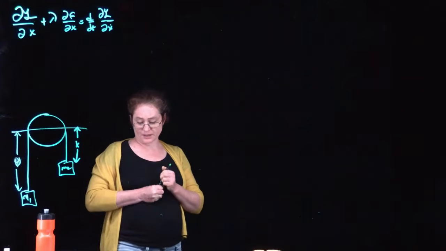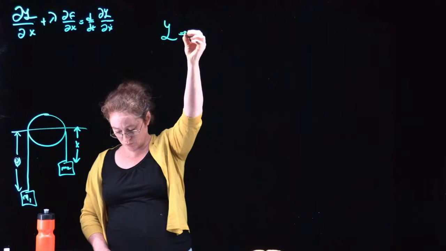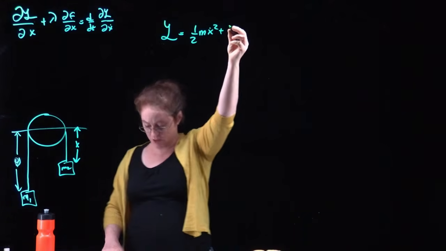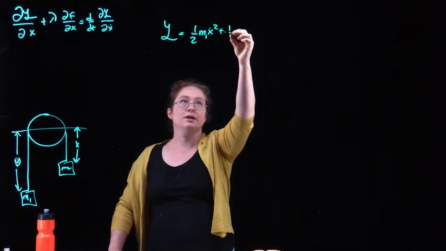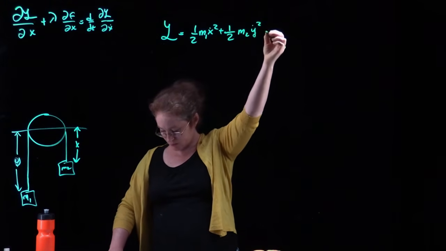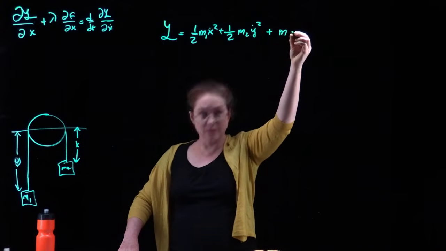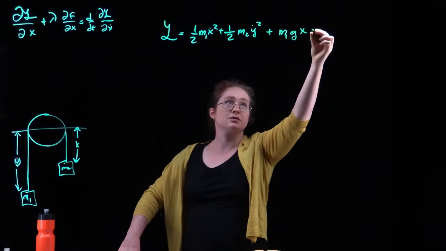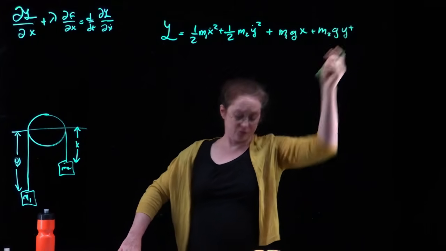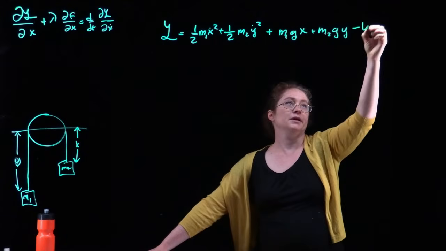So in this case, we will write our Lagrangian as 1/2 m1 x dot squared plus 1/2 m2 y dot squared plus m1 g x plus m2 g y, and for good measure, just so that we remember that it's there, I'm going to write a minus u naught.